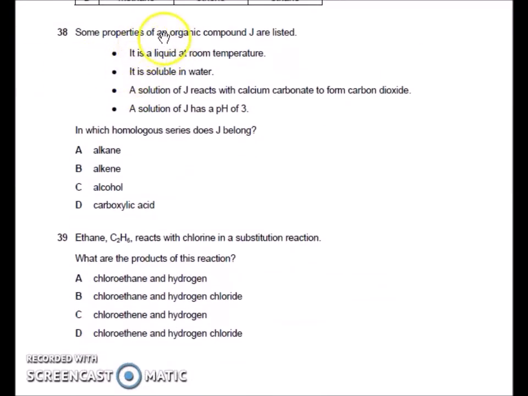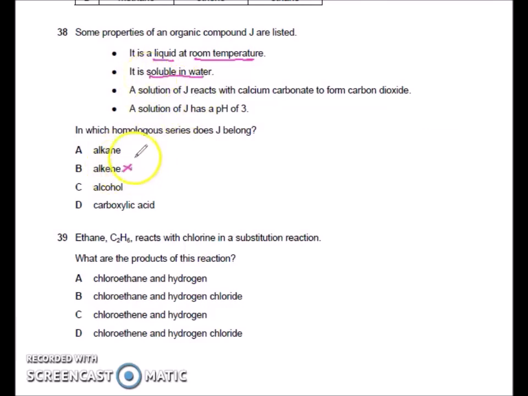Okay, some properties of an organic compound J are listed. They are listed here. Okay, it is a liquid at room temperature. Yes, it is. Okay, soluble in water.